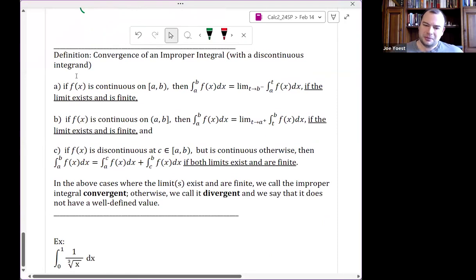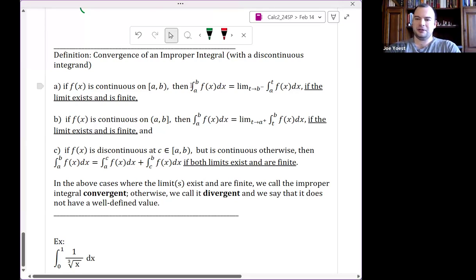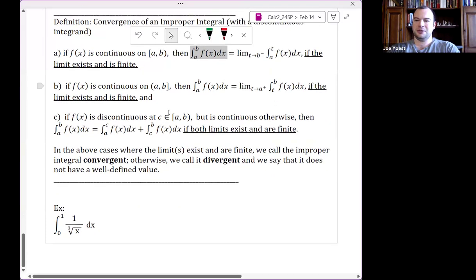Okay, and in the last 10 minutes or so, we'll talk about the case of a discontinuous integrand. So here we're looking for the integral from a to b of f of x dx, but we're thinking of integrating things like this. Sometimes the equation editor doesn't work so great in OneNote.